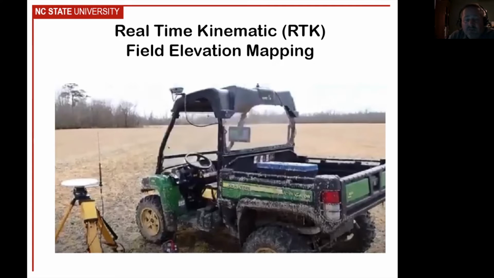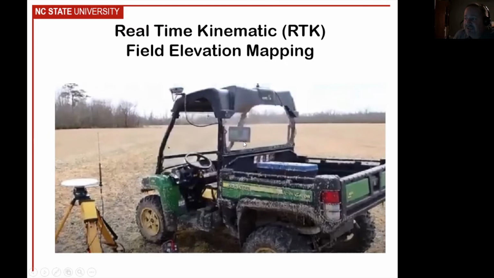In order for the system to work, you must have an RTK base station, like on the bottom of the screen here, that's set up in the field, a receiving antenna from the global positioning satellites that are orbiting the Earth, and a computer that can collect data from the receiving antenna and the base station and make corrections to generate topographic maps of the area you're surveying.